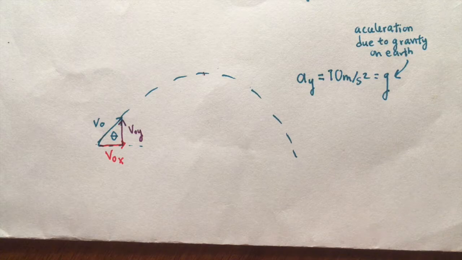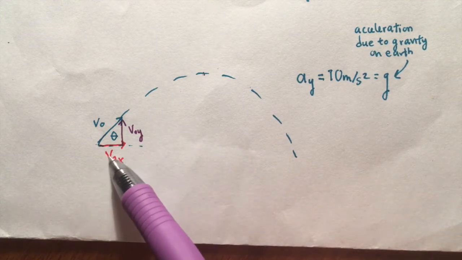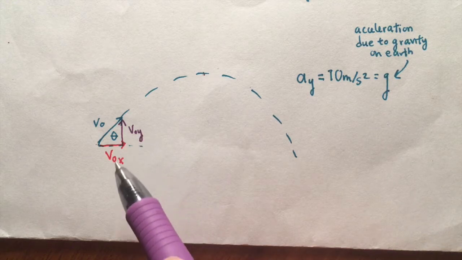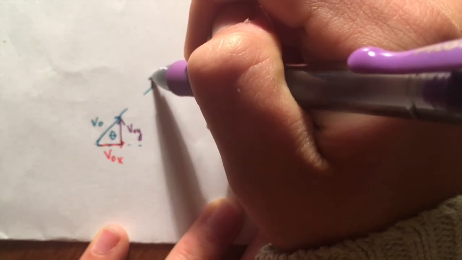Just like if you threw a pen up in the air, right? You throw it up, it slows to a stop momentarily, and then it turns around and speeds up in the downwards direction. The vertical component is pointed upwards at the beginning, but gravity is pulling downwards. So gravity is going to try to change the direction of that vertical component so that it also points downwards.